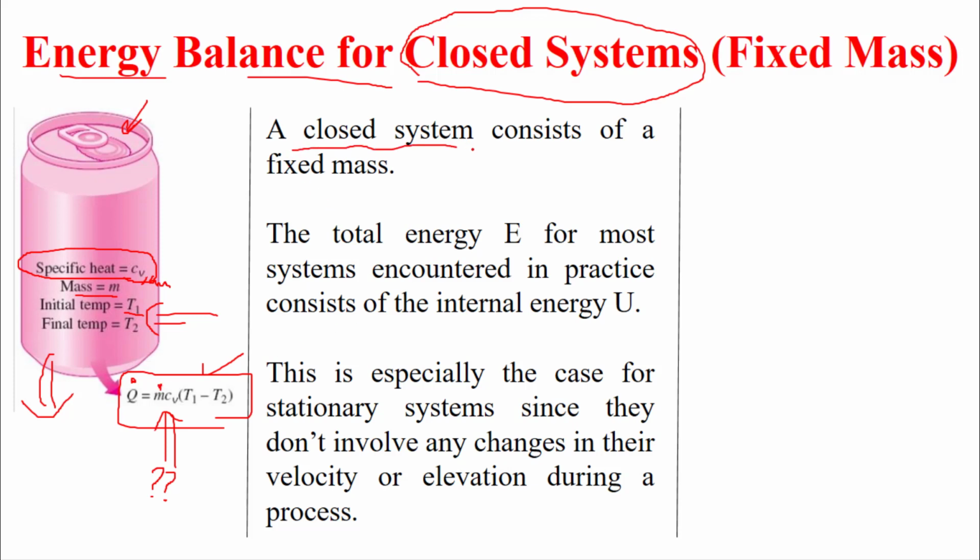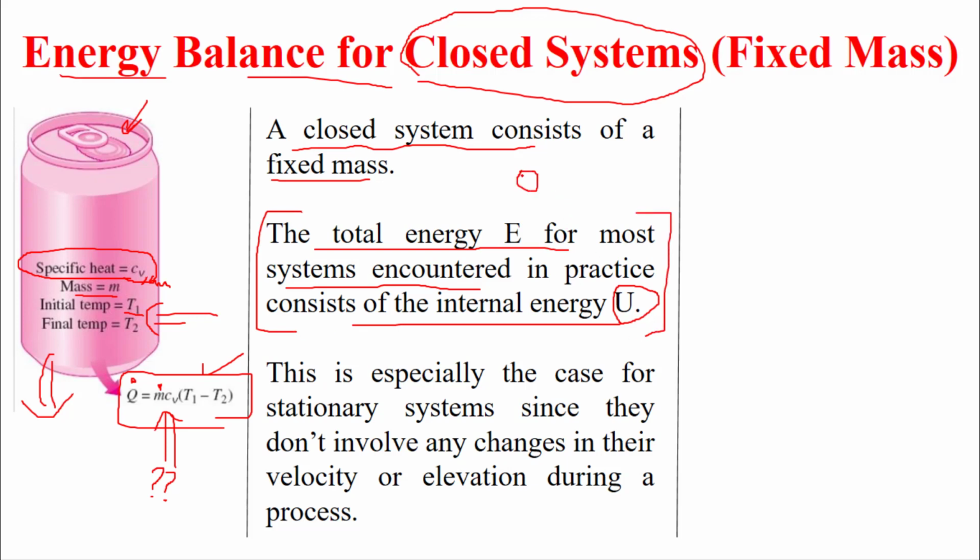If we have a closed system consisting of a fixed mass, the total energy for most systems encountered in practice consists of internal energy, U. This is the energy stored in the system. Because we have a closed system, whenever we write Q minus W, we must write delta U instead of delta E. Usually we ignore kinetic and potential energy.